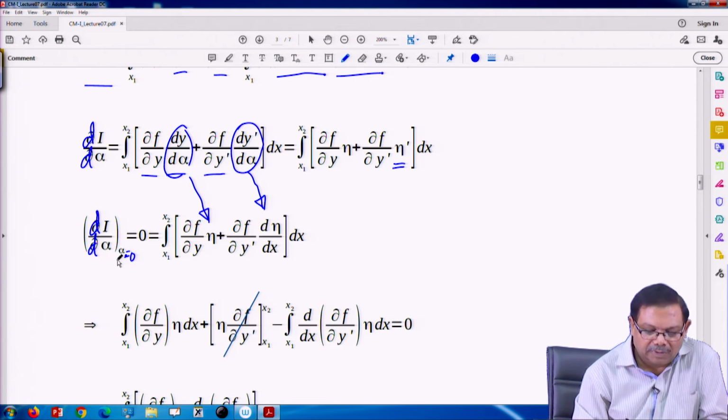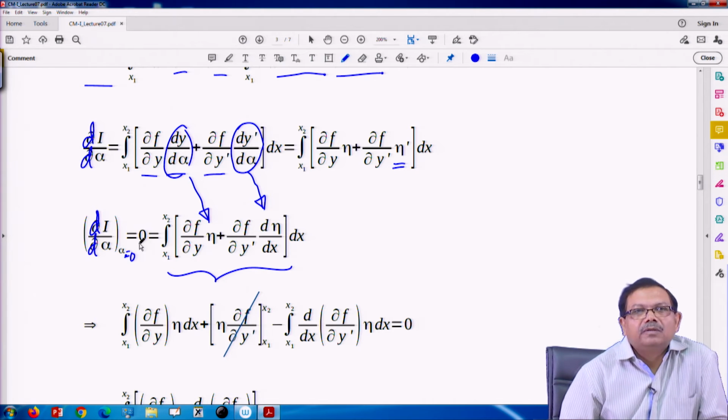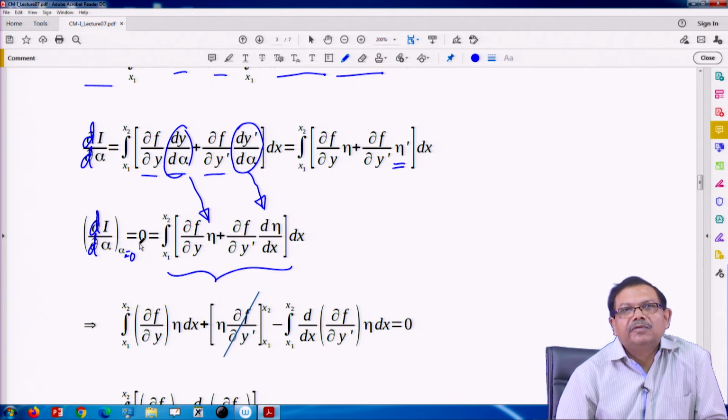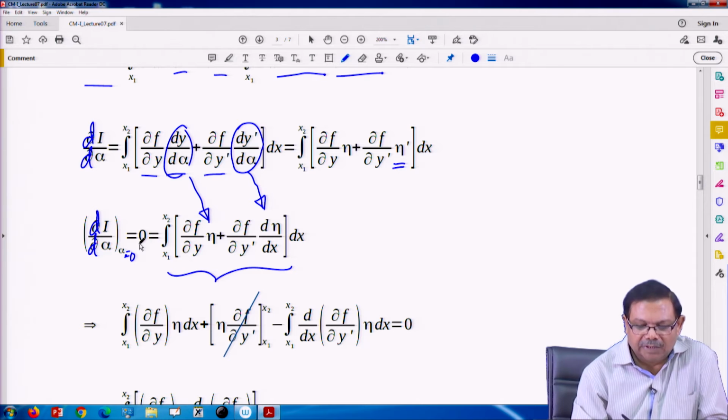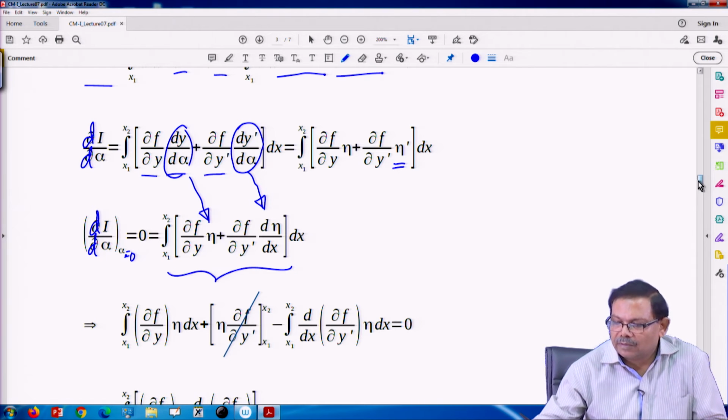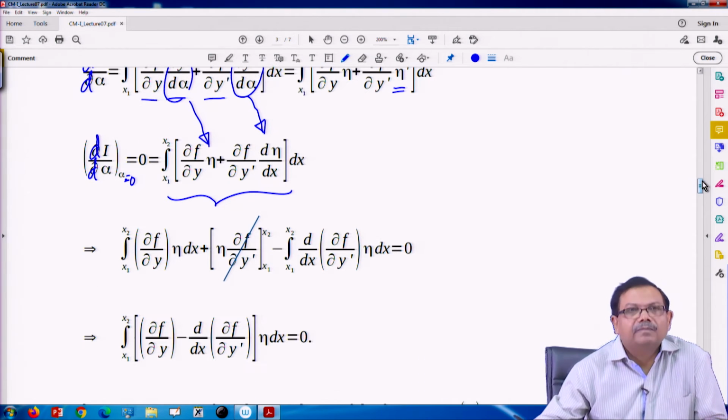Now, if you remember, the form of this integral, which is 0, is quite similar to what we did while doing the principle of least action. So, the change in action was set to 0, and we had a similar equation. So, we will do the same thing.